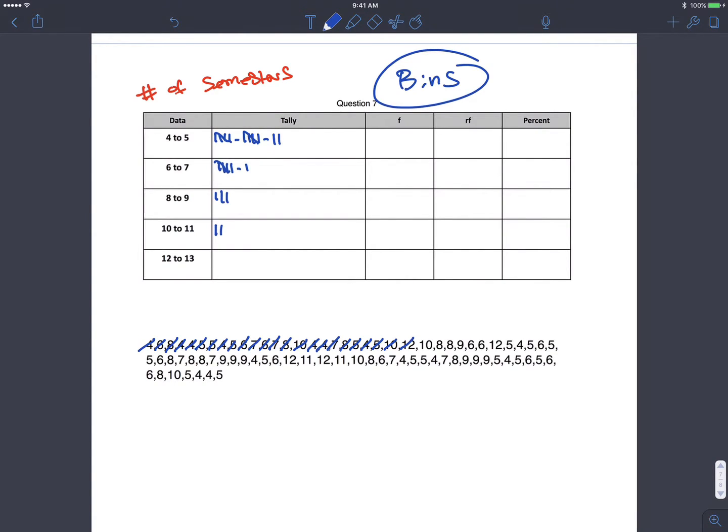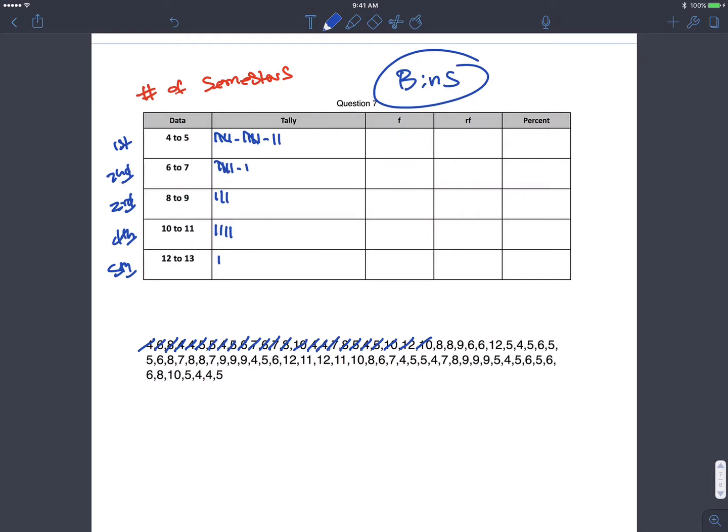A 12, last bin. 10, looks like fourth bin. So first bin, second bin, third, fourth, fifth bin. So the 10 we put in the fourth bin. And there's 4 of those.